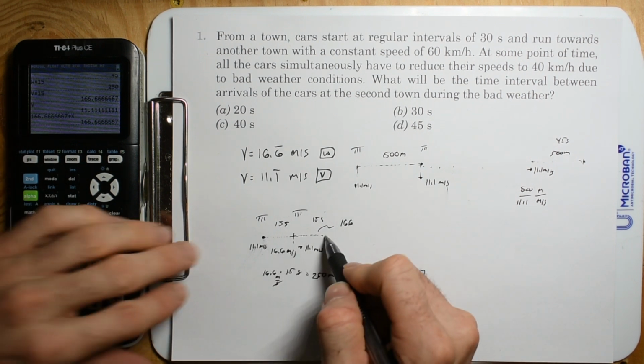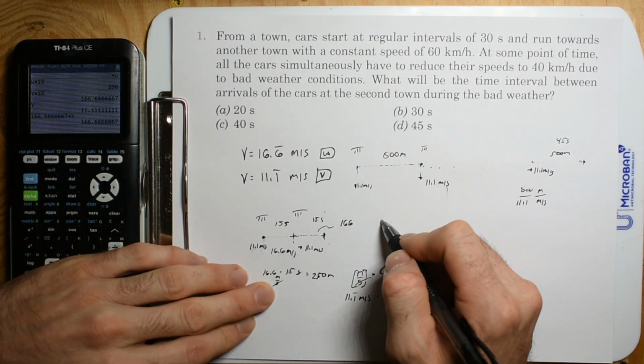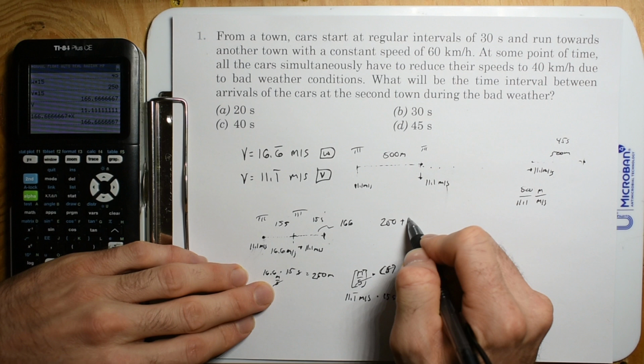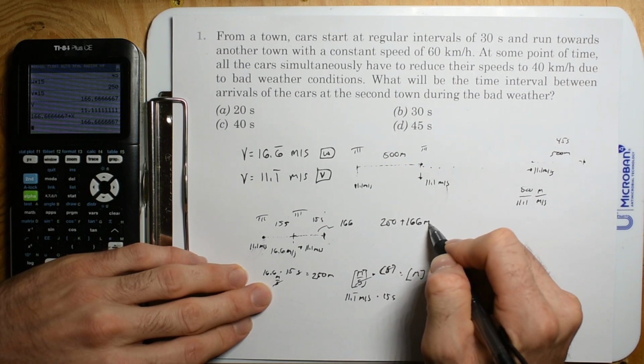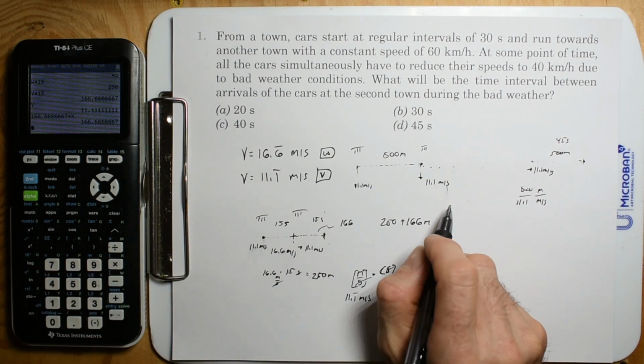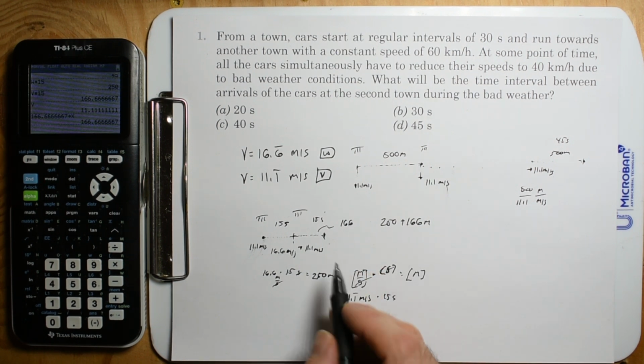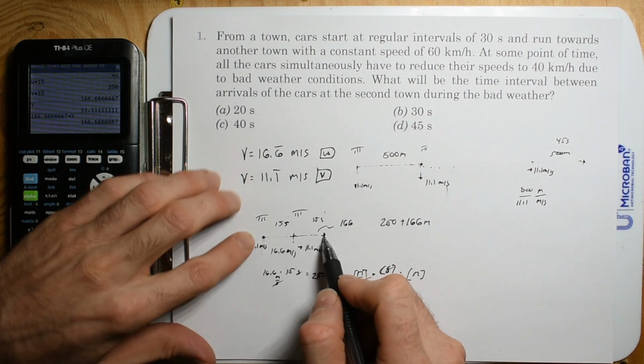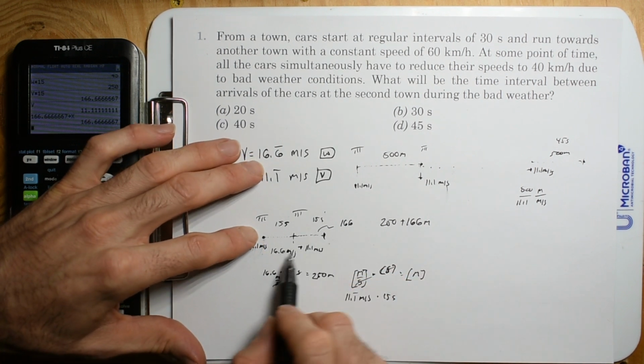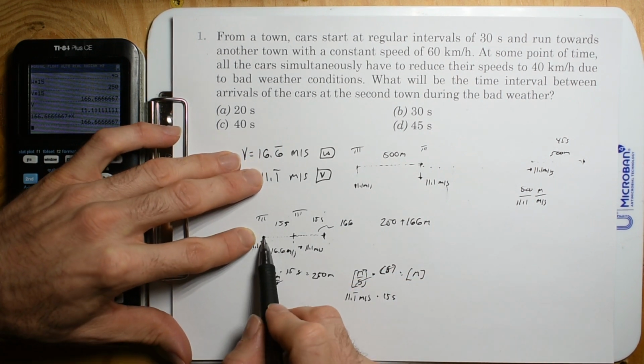And so now this car is 250 plus 166 meters. So this is going to be a little bit different, I assume. And so yeah, that's going to be the difference between these cars, and has to be, because we traveled real fast.